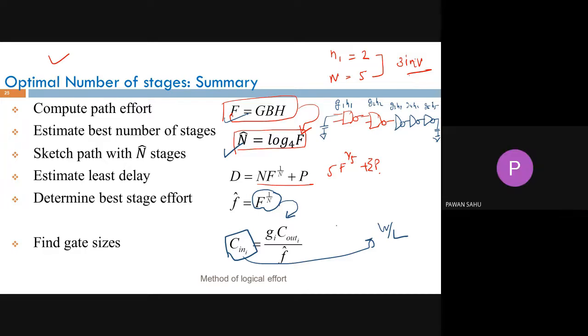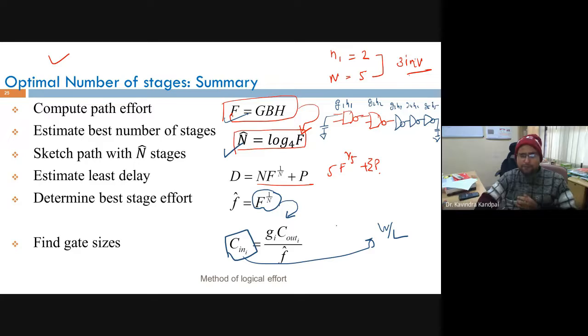Was this method interesting? Yes, sir. Have you learned something or not? Yes, sir. Will you be optimizing the size of the chain? If, let's say, in your circuit you have a couple of gates, and someone says that you are supposed to drive a huge capacitive load, don't directly connect it to the capacitive load.